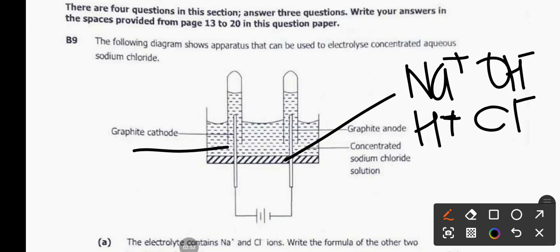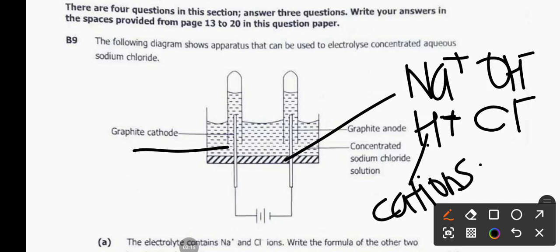As the process of electrolysis occurs, only one of these ions will be discharged at their respective electrode. To determine the ion, let's start with the positive ions, which we can as well refer to as the cations.